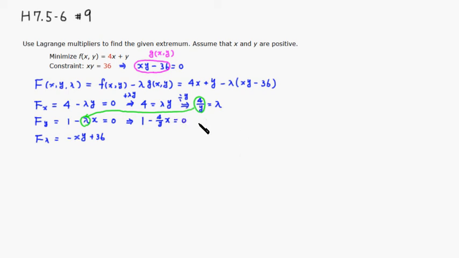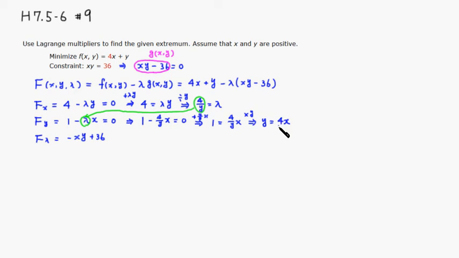Then we add 4 over y times x to both sides, so 1 is equal to 4 over y times x. Then I'm going to multiply both sides by y, so y is equal to 4x.